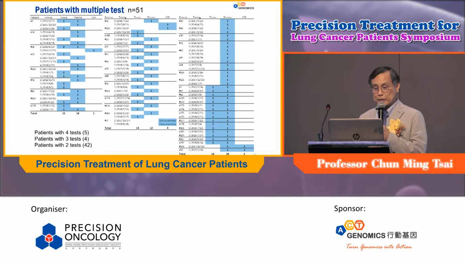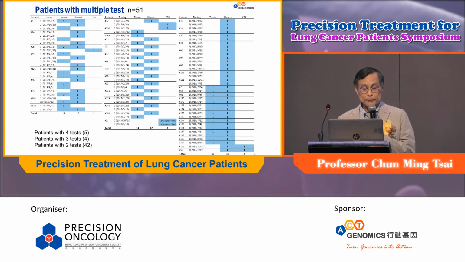We have 5 patients who received 4 tests at different times and with different samples. And 4 patients have three tests, and 42 patients have 2 tests.